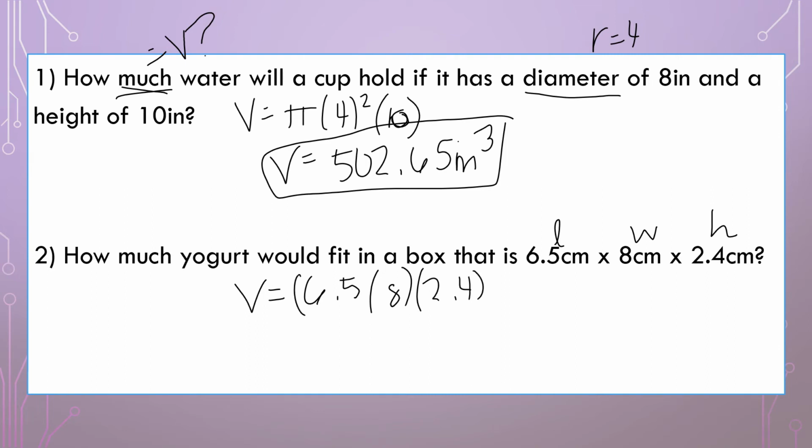Length is 6.5, width is 8, height is 2.4, and it doesn't really matter the order you put those in, because with multiplication, 2 times 3 is the same thing as 3 times 2, so order does not matter. Only when you are subtracting and adding does order matter.